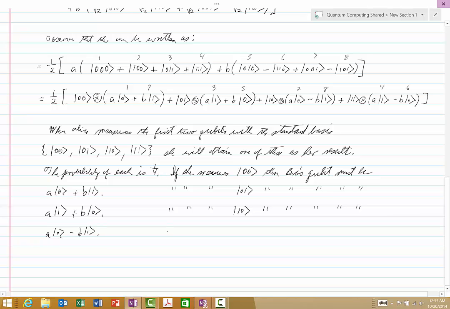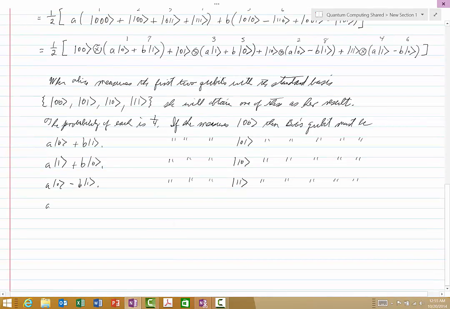And finally, if she measures 1,1, then Bob's qubit must be A1 minus B0.